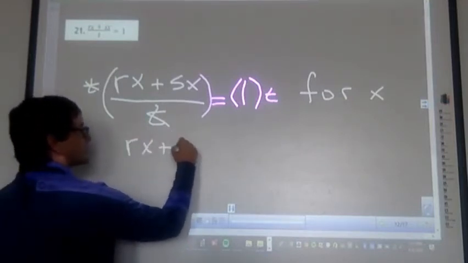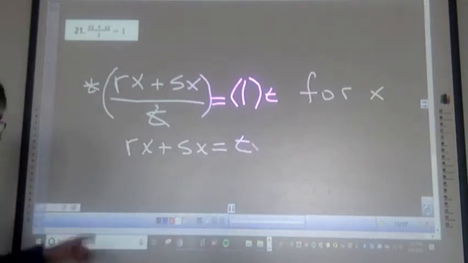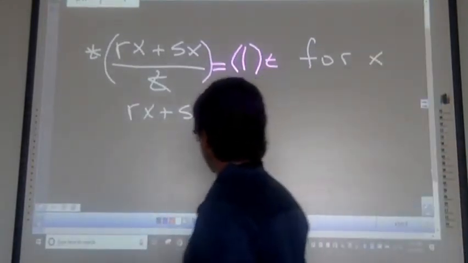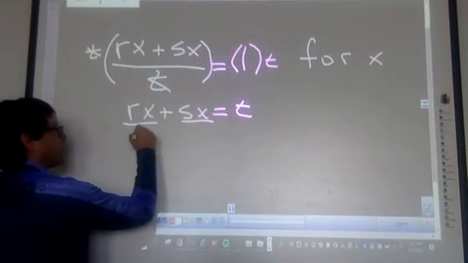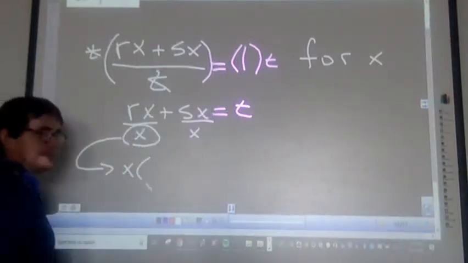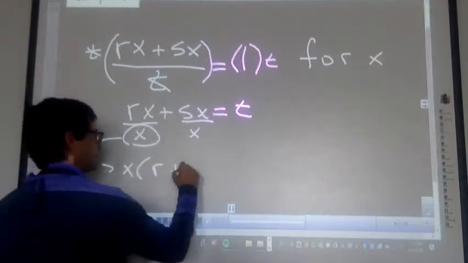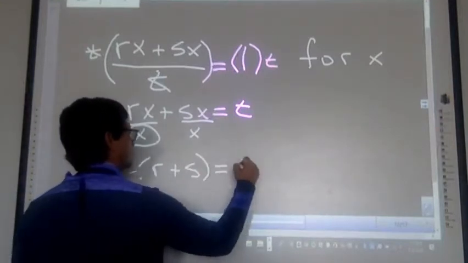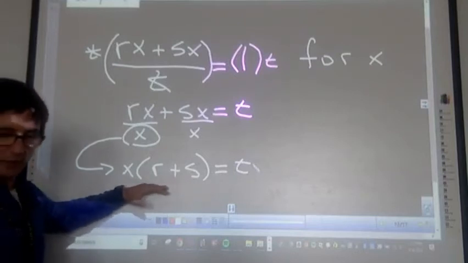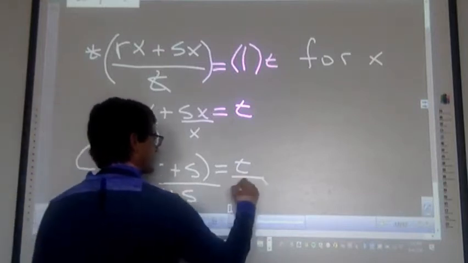And you have Rx plus Sx equals T. And then it's exactly like that first example we did and the other one that was similar. So we're going to factor the X out. And then we have R plus S left, times X, equals T. And then we can just divide out the parenthesis on both sides. So divide both sides by R plus S.